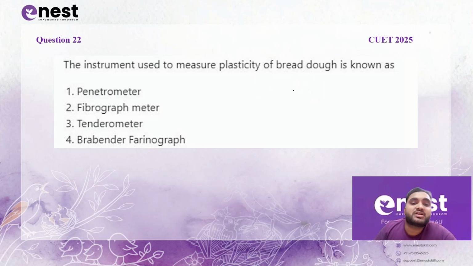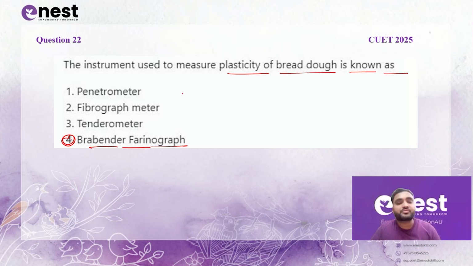The instrument which is used to measure the plasticity of bread dough is known as, and we have often studied this in dough rheology. Brabender farinograph is used to measure the plasticity of the dough. It measures the water absorption required, the dough development time, the dough stability, and the mixing tolerance index. These parameters will help you to identify the gluten strength and the plasticity of the dough, which is the question asked in the exam.